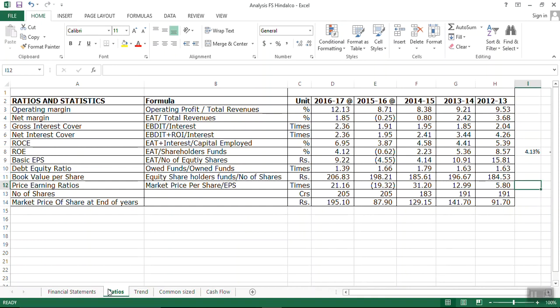To put it simply, this is market price divided by my earning per share. You will get 21.16 times. It means my earning per share being 9.22, I have to earn 21 times my earning per share to recover my market price, which I am paying right now. Are you all clear with this funda?